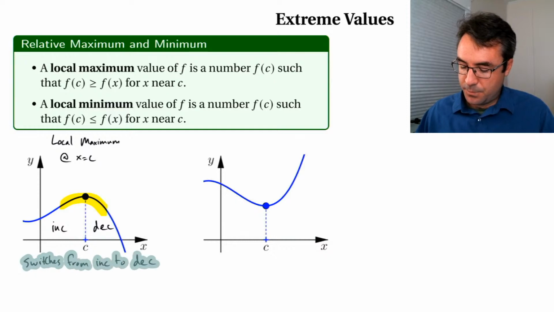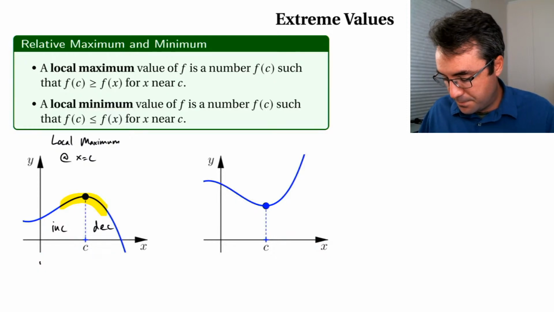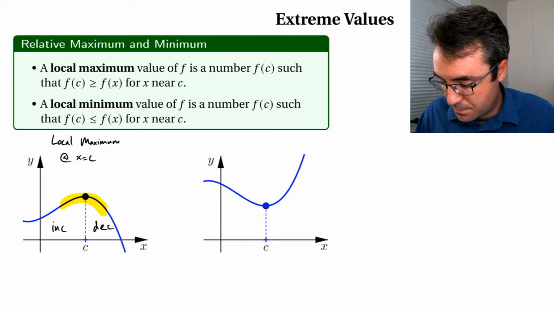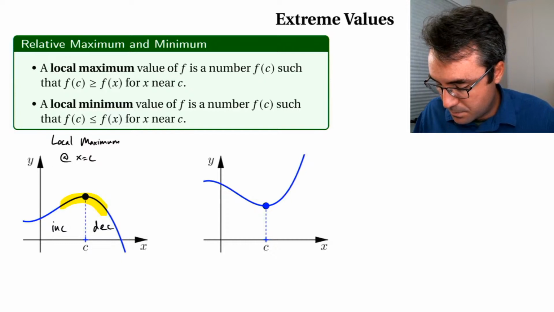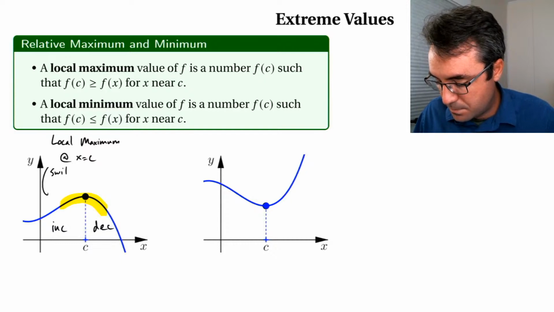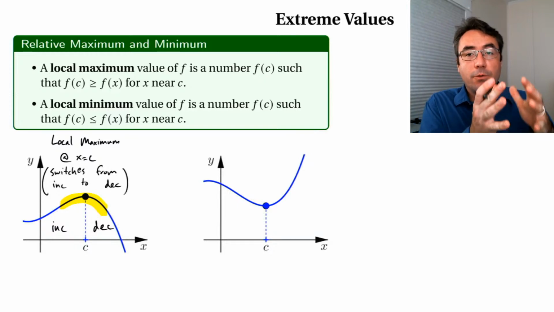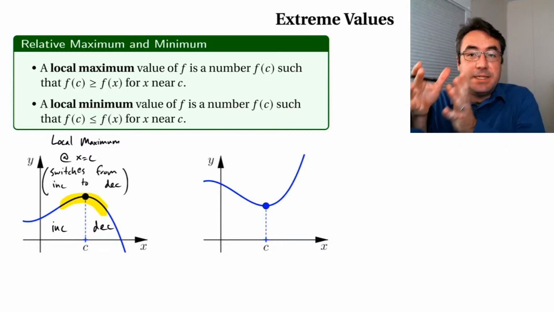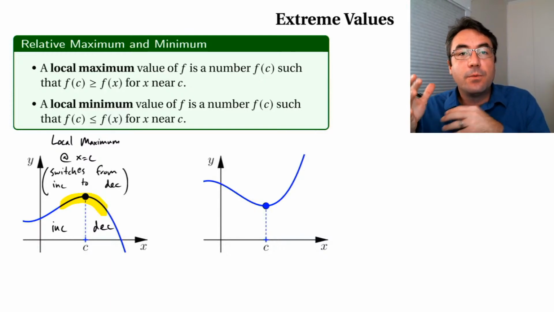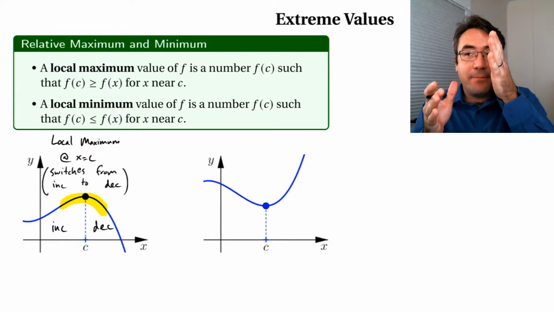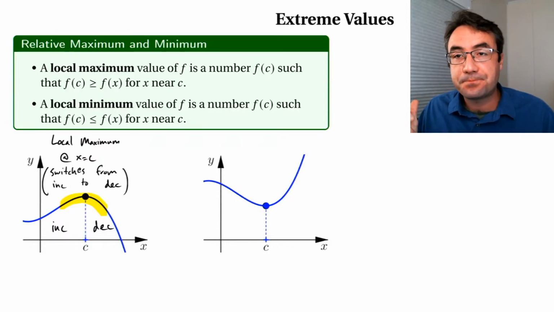Let me write that up here. So when we see that behavior in our graph, when we go from increasing on one side to decreasing on the other, we have a local maximum at that point in the middle.